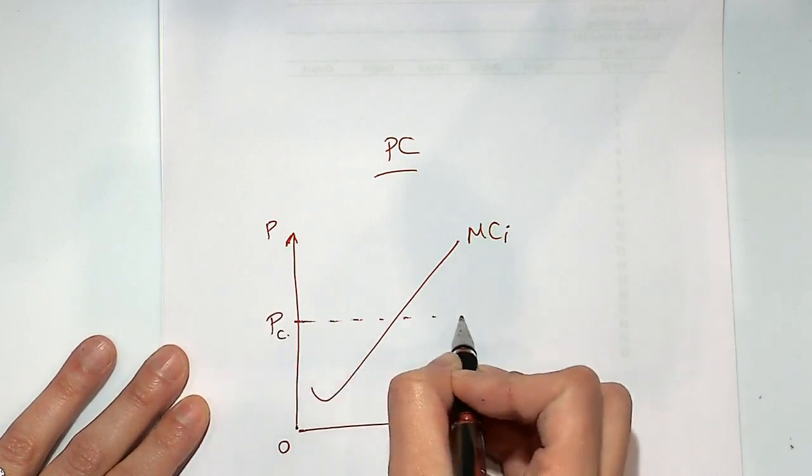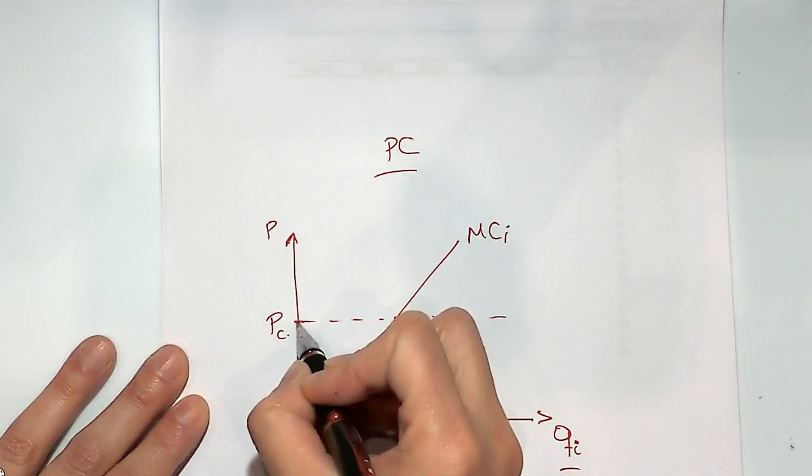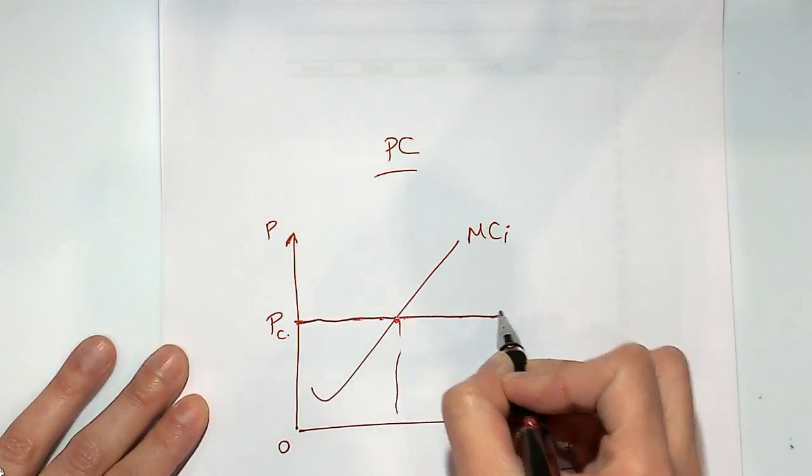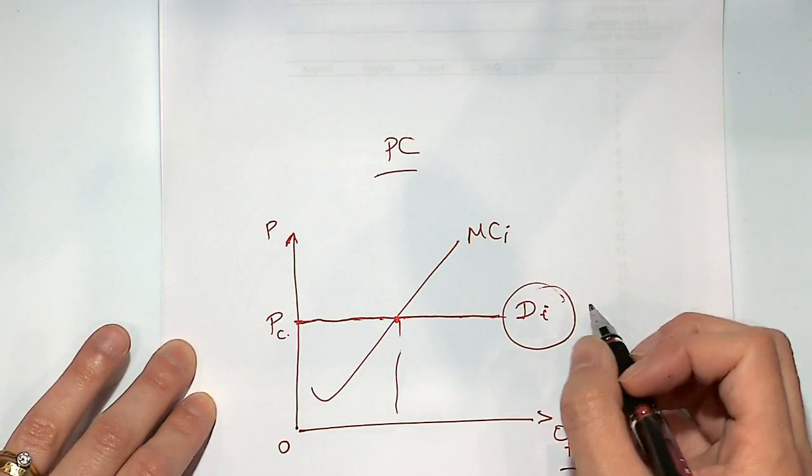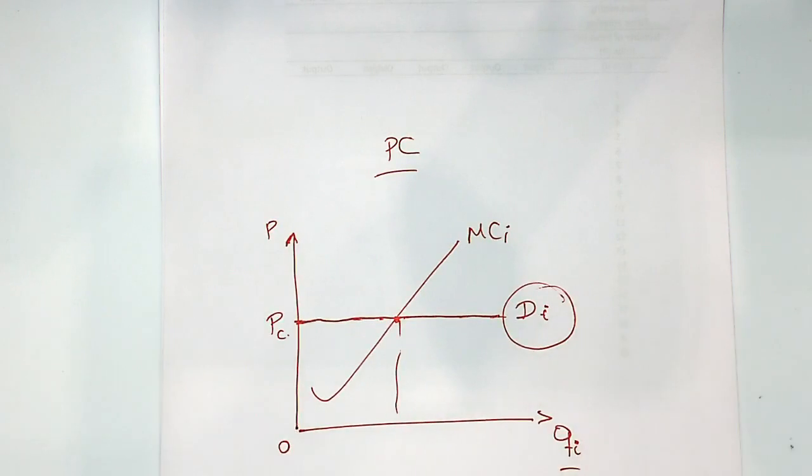So basically the demand curve is given. This is the demand curve for my individual firm. It is perfectly elastic in perfect competition, a horizontal demand curve. That comes from the idea that it doesn't have the market power to increase or decrease the price. It just needs to produce at that given price. That's why it's perfectly horizontal.